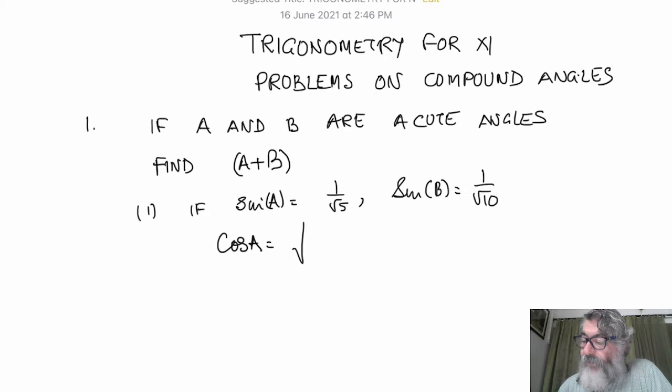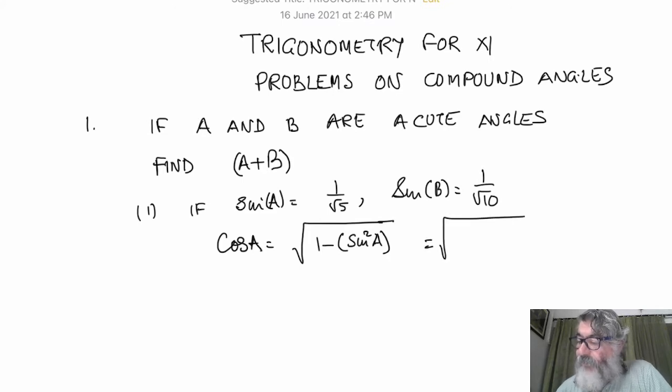How will we find cos A? Under root 1 minus sine square A, which is 1 minus 1 upon 5. Sine A is 1 upon root 5, so when you square it, you will get 1 upon 5.